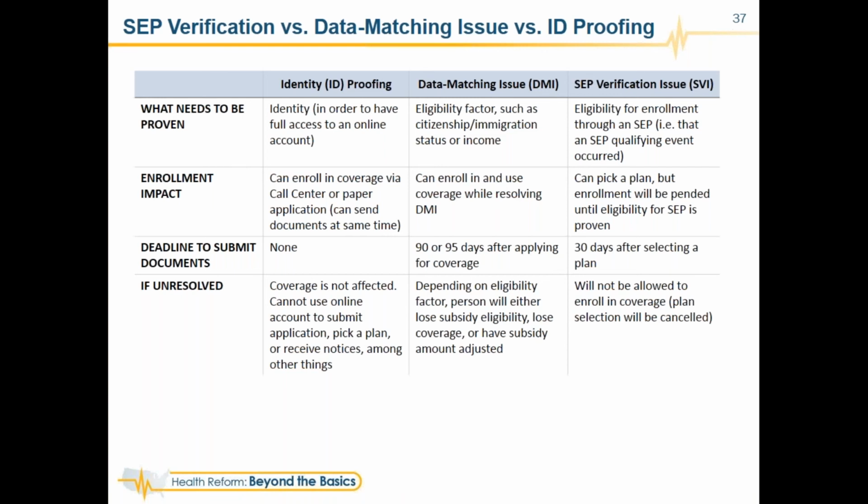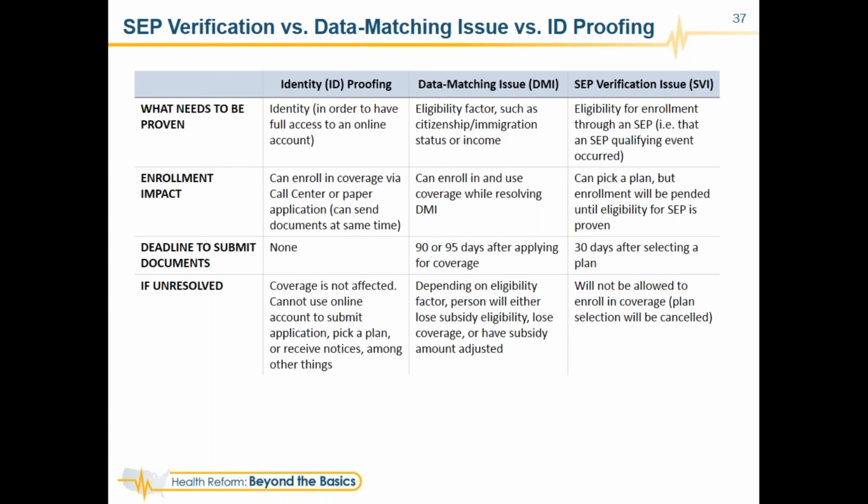So then we have the SBI. If a person attests to being eligible for an SEP that requires verification, in other words, an SBI, they can move forward with selecting a plan, but that plan will be pended until the SBI is resolved. Ultimately, if the SBI is not resolved within the SBI window or within the SEP window, the person will be blocked from enrolling in coverage and using the SEP.